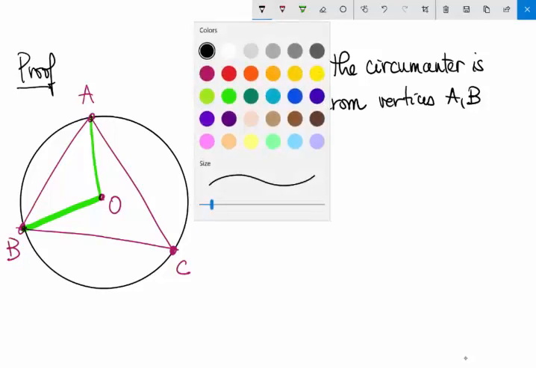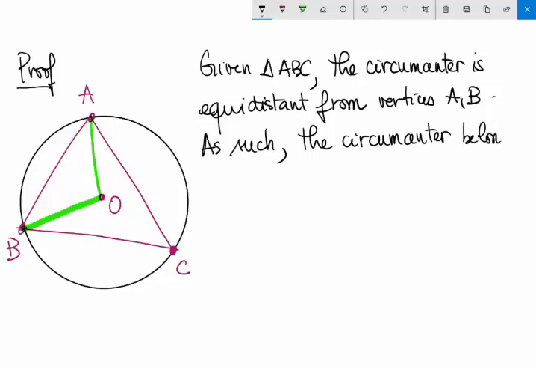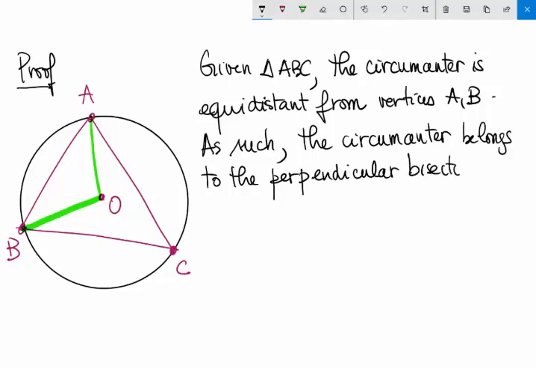Now, similarly, well, so we can then conclude that as such, the circumcenter belongs to the perpendicular bisector of side AB.